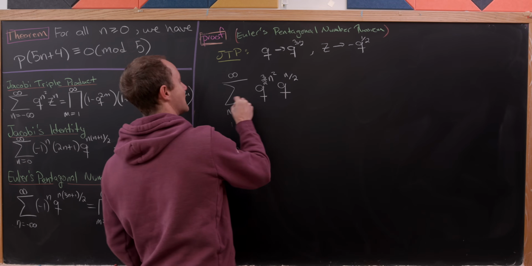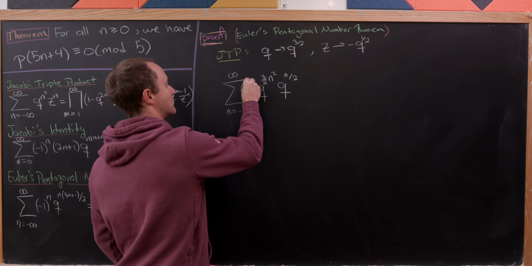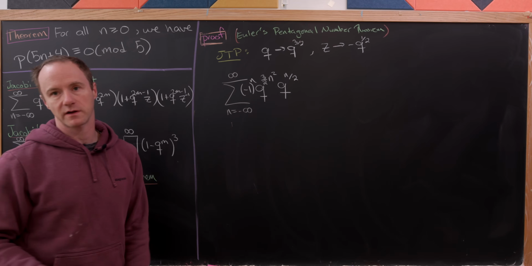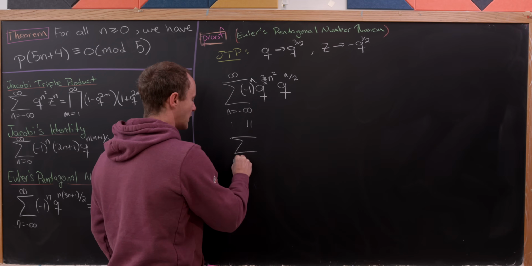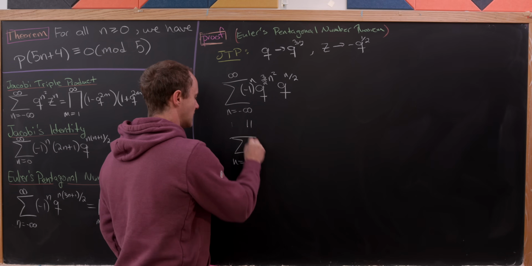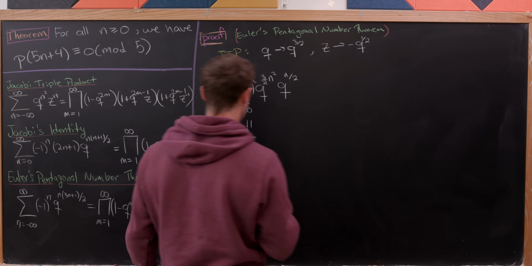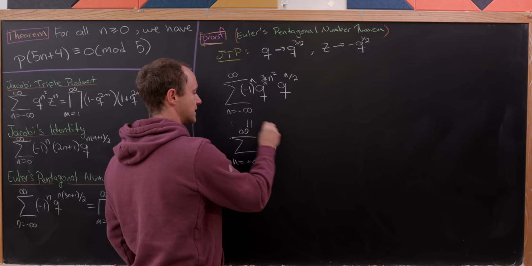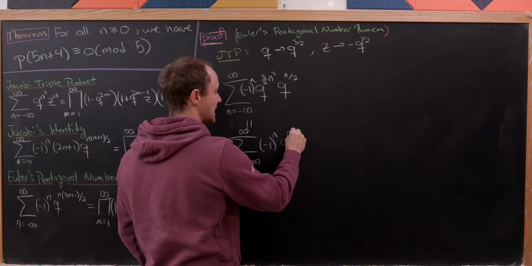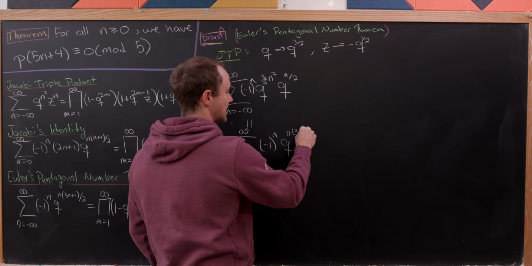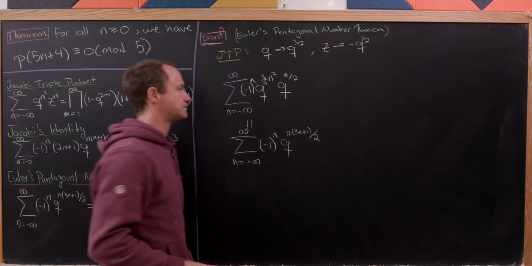But then since we've got that minus sign right there, we're going to have a (minus 1) to the n out front. But now let's observe that we can pretty quickly just write that in the version that we see down here. So that's going to be the sum over all integers of (minus 1) to the n, and then we have q to the n times (3n plus 1) all over 2.